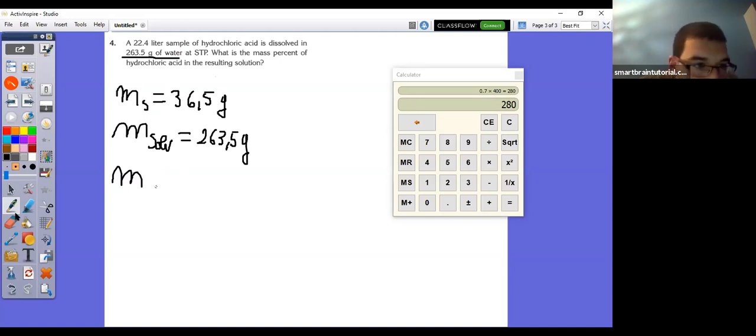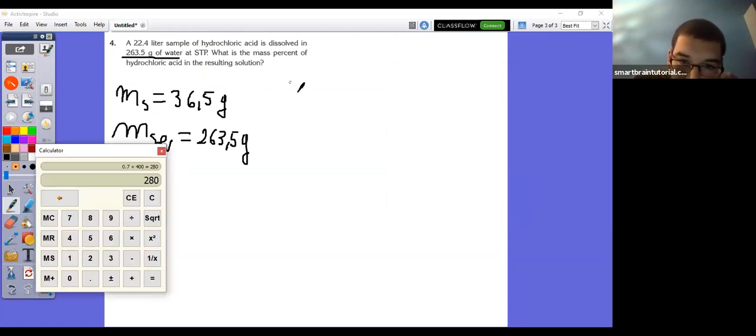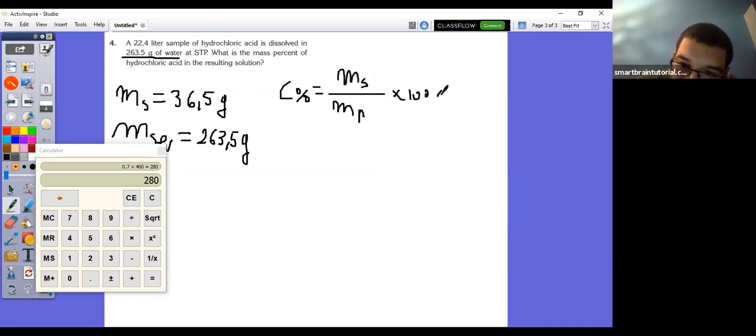The mass of solution we can calculate directly using the formula. We want to find the concentration. Look, percentage concentration is mass of solute over mass of solution times 100%.